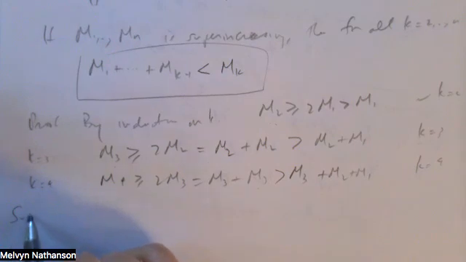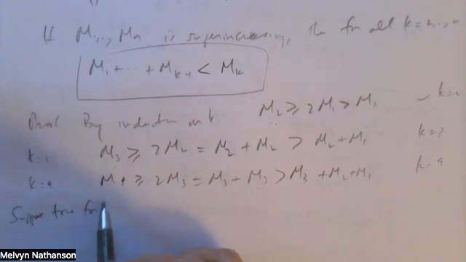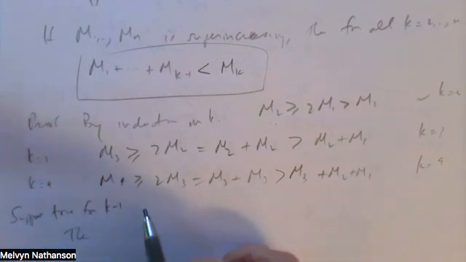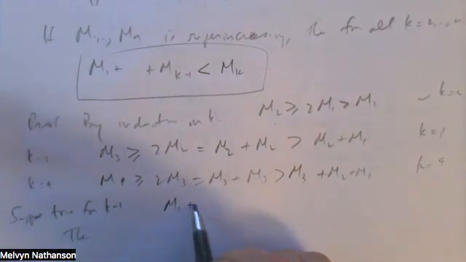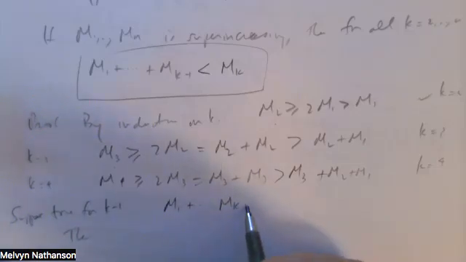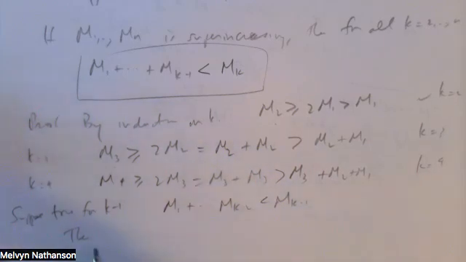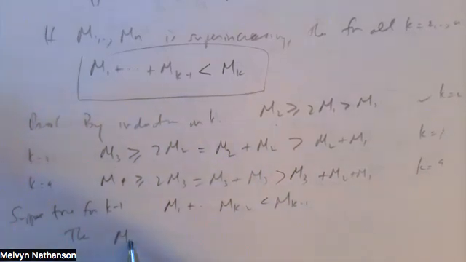So suppose the statement is true for k minus 1, where k minus 1 is at least 2. Then this means that M1 up to M sub k minus 2 is strictly less than M sub k minus 1. What about Mk?